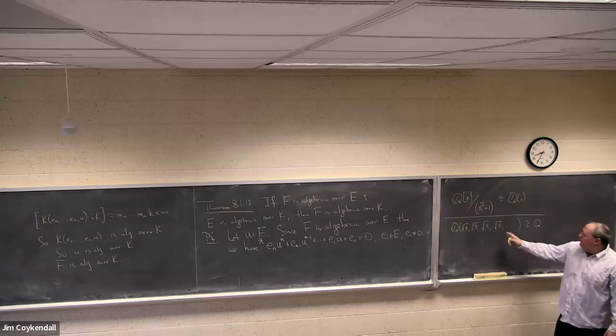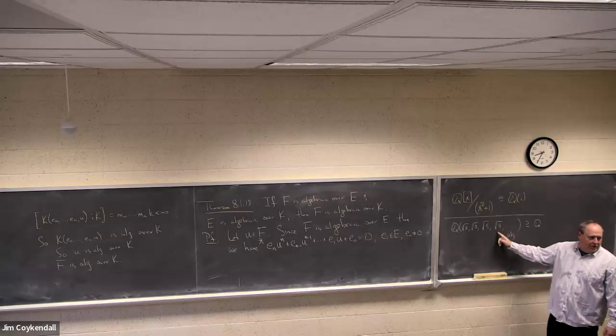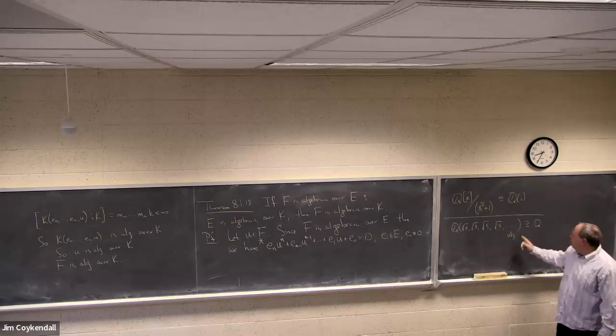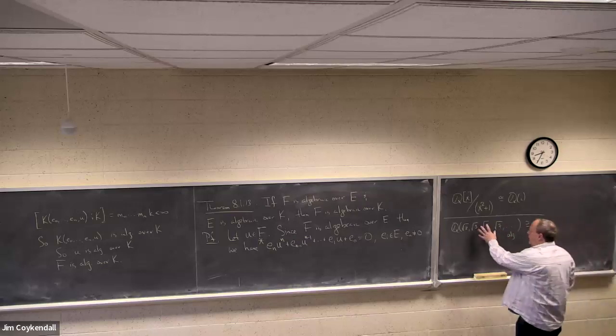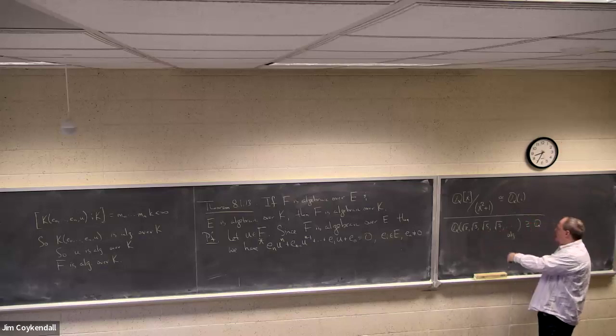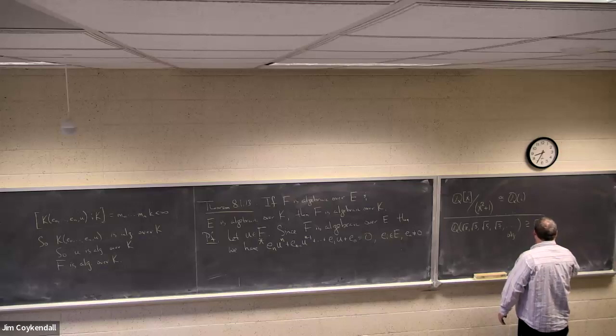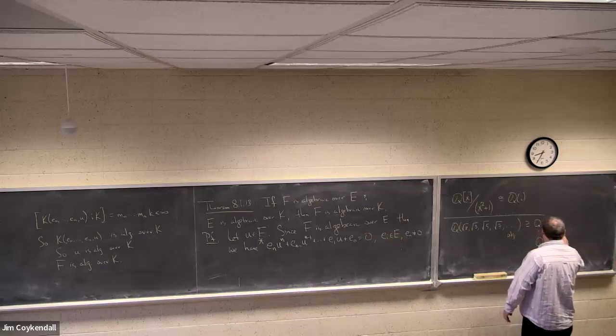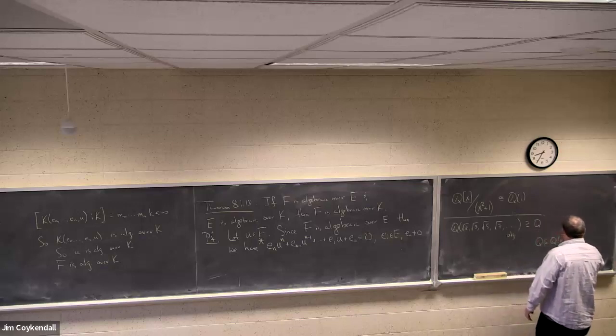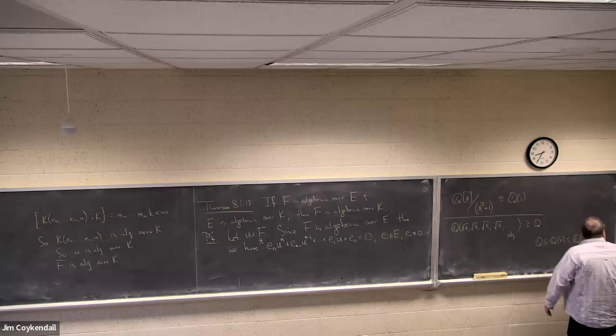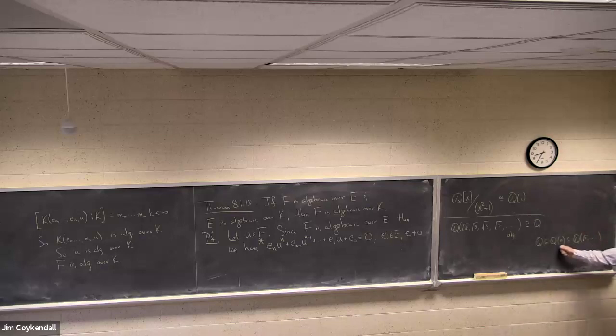If you take an arbitrary element out of it, call it E, then it sits in some finite extension, and you can use the same techniques to show that this is an algebraic extension.